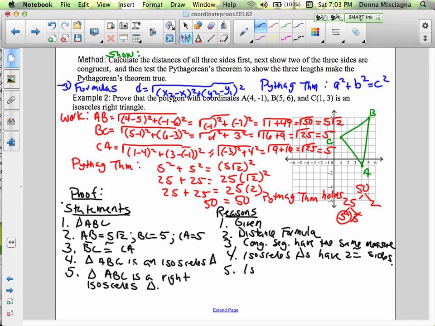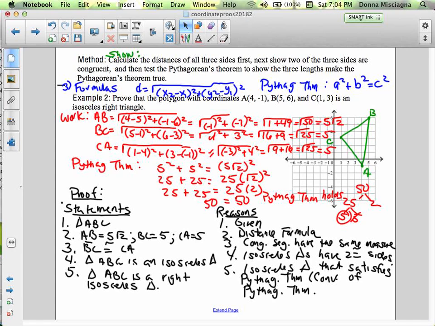Because it's an isosceles triangle that satisfies Pythagorean theorem. And let's put next to that converse of Pythagorean theorem, because that's what we actually used. But I'm trying to combine this into one step.